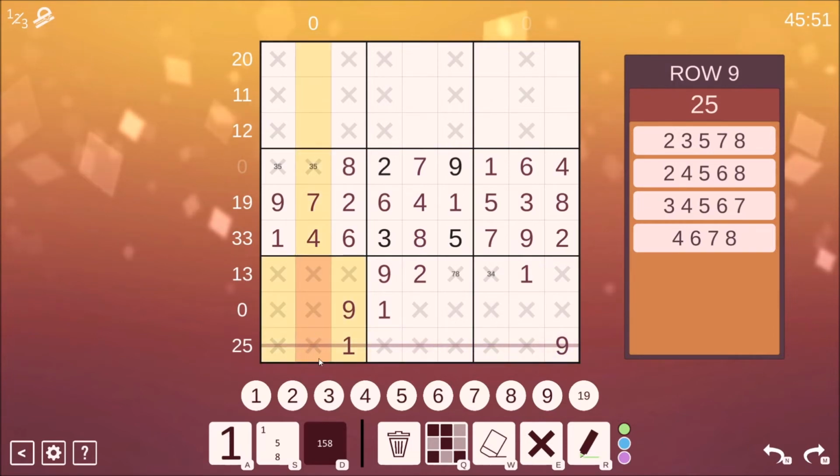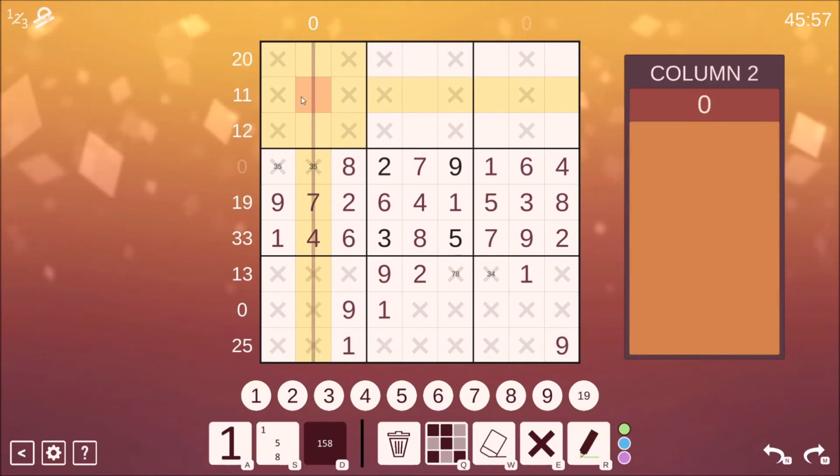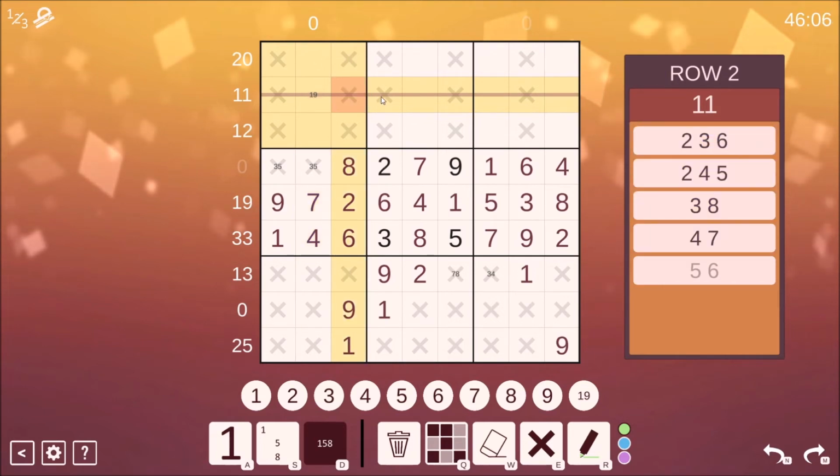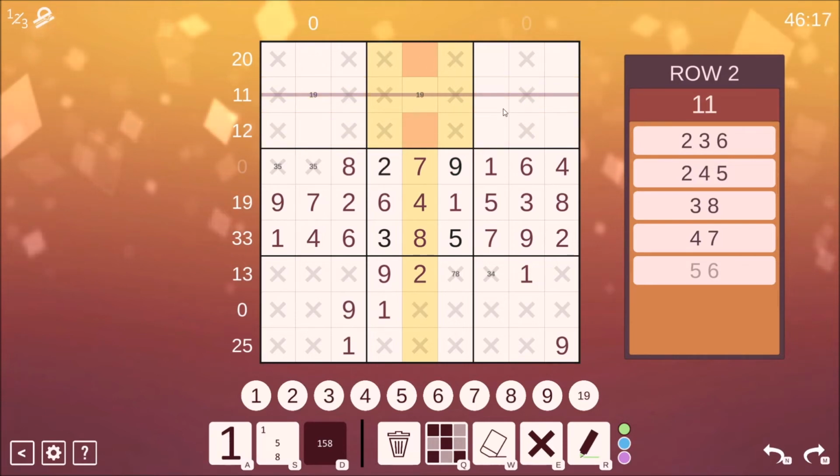With this blocked out now, we have the 0 row up here, so we have to have a 1 or a 9 there. And we can only place 2 or 3 numbers for the 11 clue. However, we have this gap of 2, we can place 1 there. But if we have a gap of 3, we can't place 1 there, so we know it has to go there, leaving another 1 in one of these 2 positions.